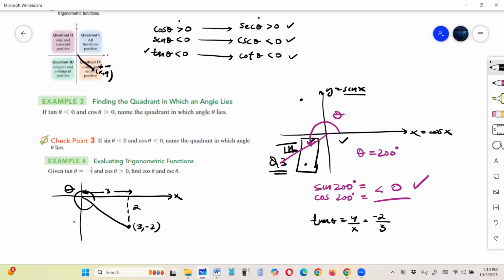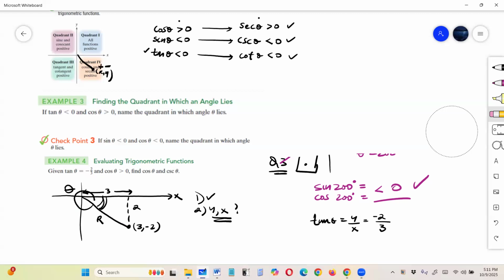Since by the Pythagorean theorem I can find the radius. And this is why we needed to know, one, which quadrant the angle is in, and two, what y is and what x is. So here's the triangle.